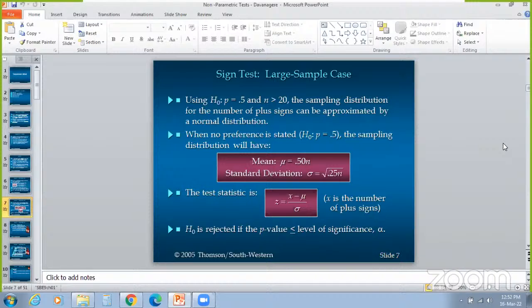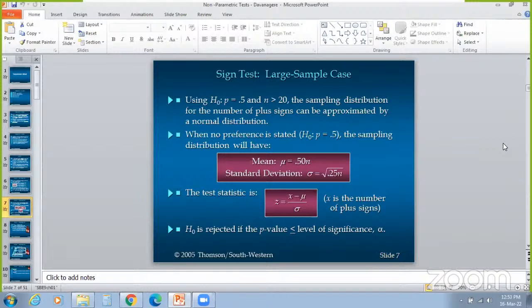Of course, the sign test also has a large sample version. Whereas the small sample test applies to small samples, in the large sample test the number of observations you have selected is greater than 20.